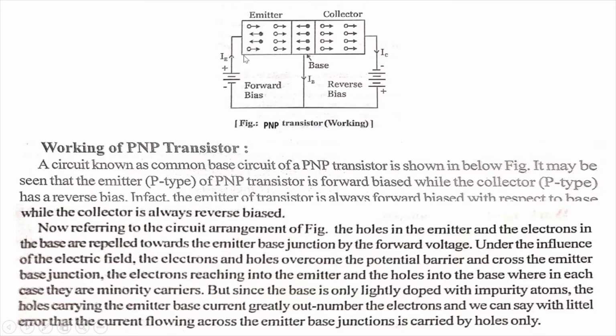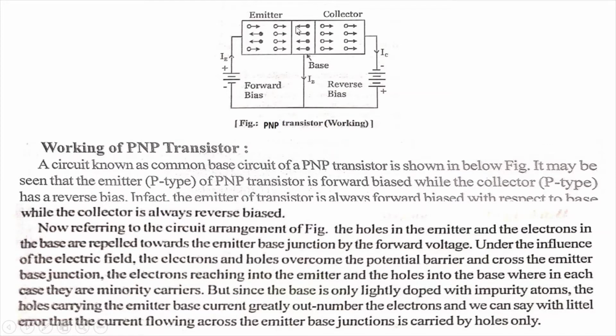Now forward bias here means the positive terminal of the battery is connected to the P-type and the negative terminal is connected to the N-type. Now when the emitter base junction is forward biased, what happens? Holes are moved towards the base region.